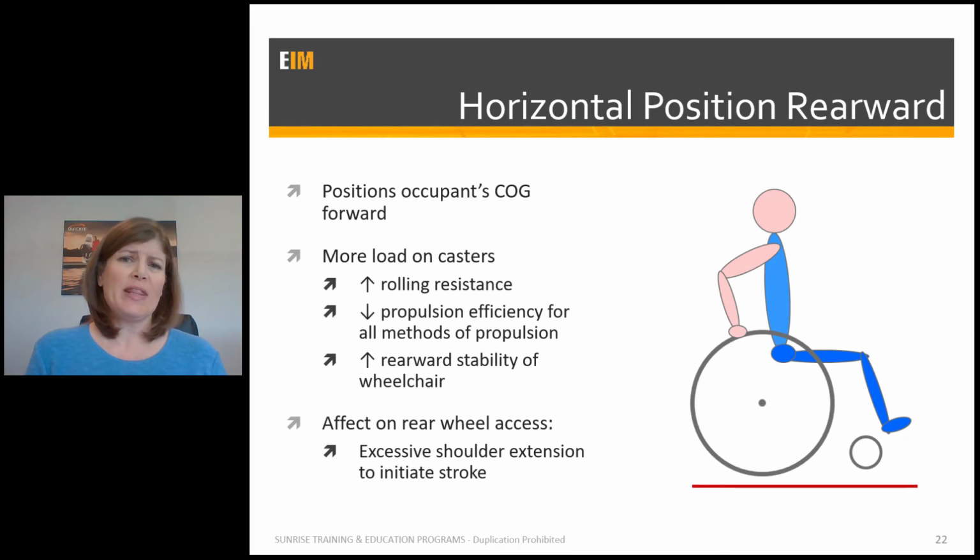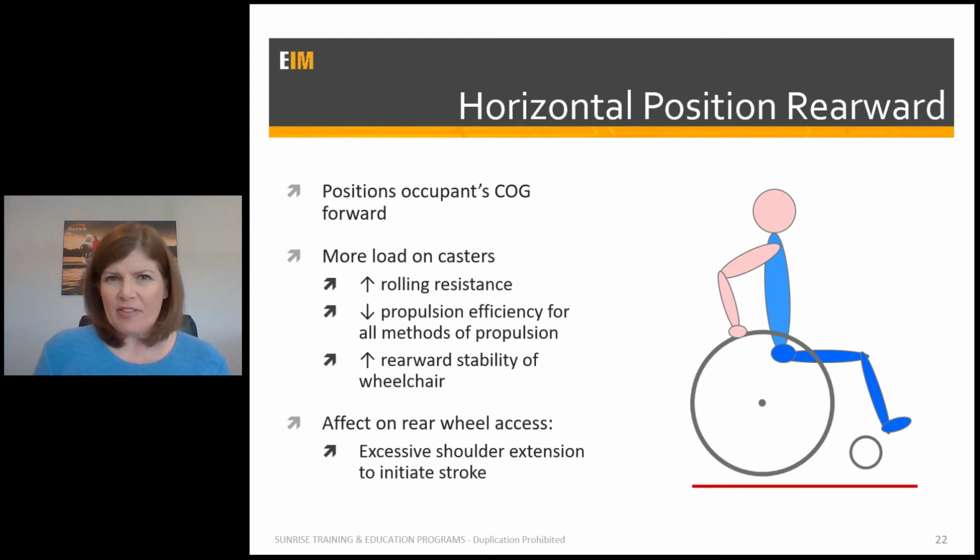Because of that weight distribution, I'm getting increased rolling resistance. Because this chair has more rolling resistance, it's going to be much more challenging for me to overcome that inertia, as well as to continue with the pushing forward, so that pushing efficiency. So my rolling resistance is going to be increased in this way.